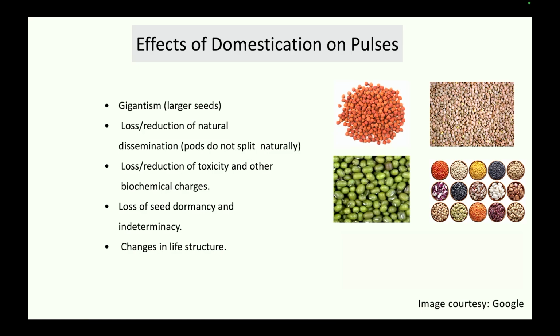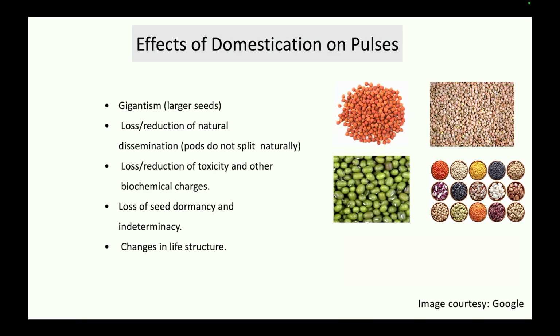These include increased seed size, gigantism, making them more desirable and nutritious; reduced natural seed dispersal, allowing easier harvesting; decreased toxicity and biochemical changes, improving edibility and safety; and the loss of seed dormancy, resulting in more uniform and predictable crop growth.